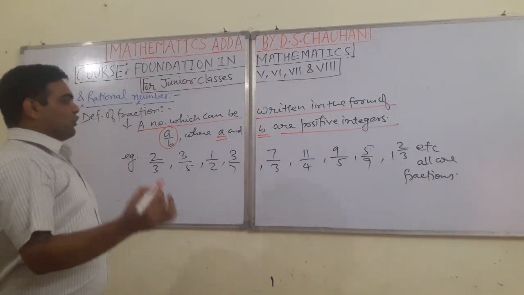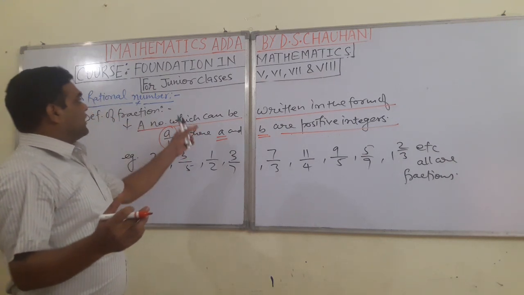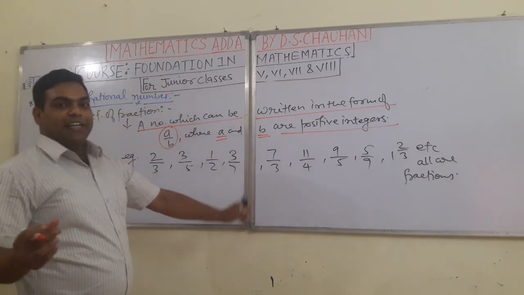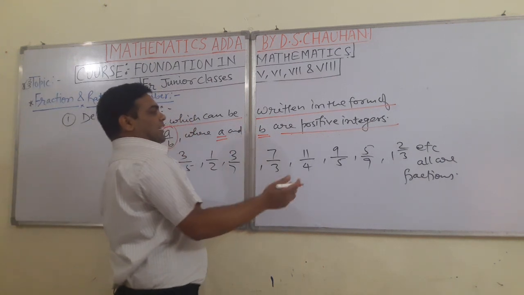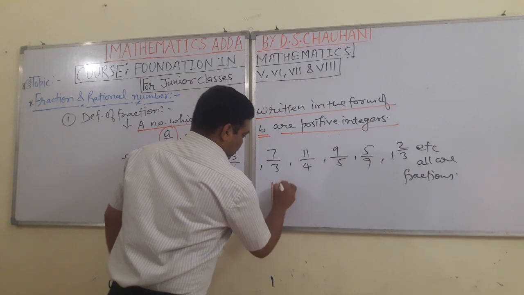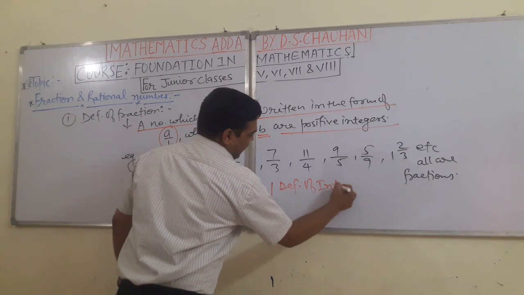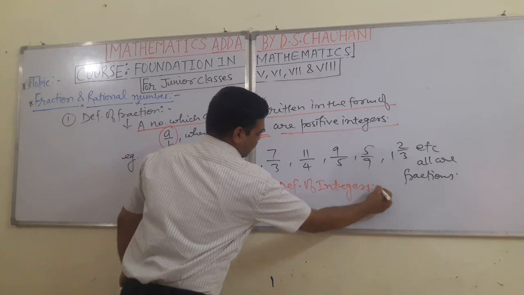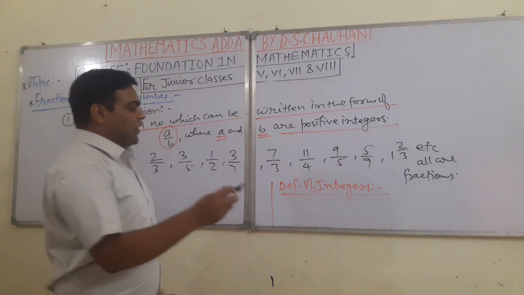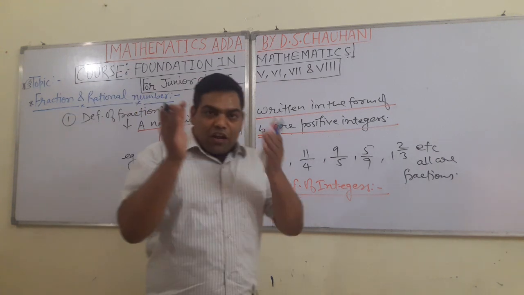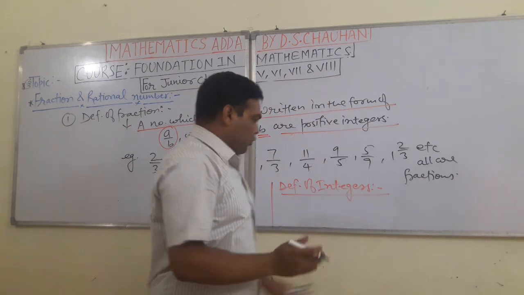Once again, students, I am recalling. If you remember, in my first lecture for Foundation in Mathematics, I introduced you to the topic integers. There I told you the definition of integers and made clear what integers are. Integers are the collection of all counting numbers, their negatives, including 0.